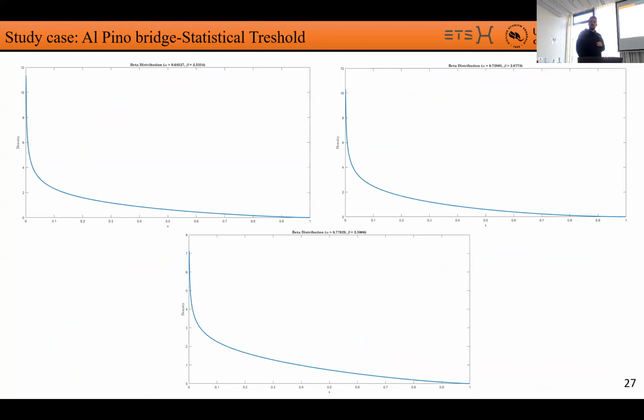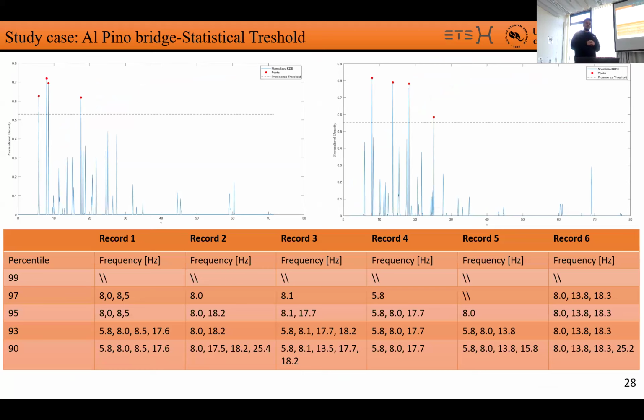Then I estimated the parameters of the beta distribution, and using an inverse beta distribution, I defined a threshold in order to collect every time the most probable frequencies.